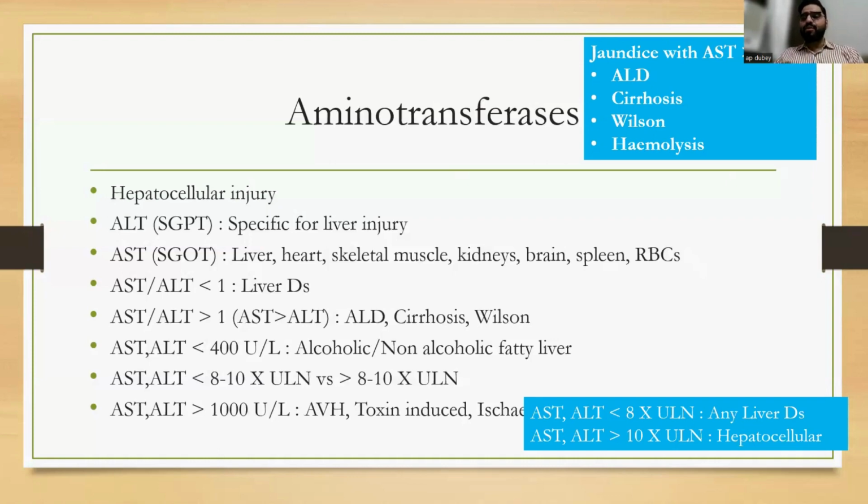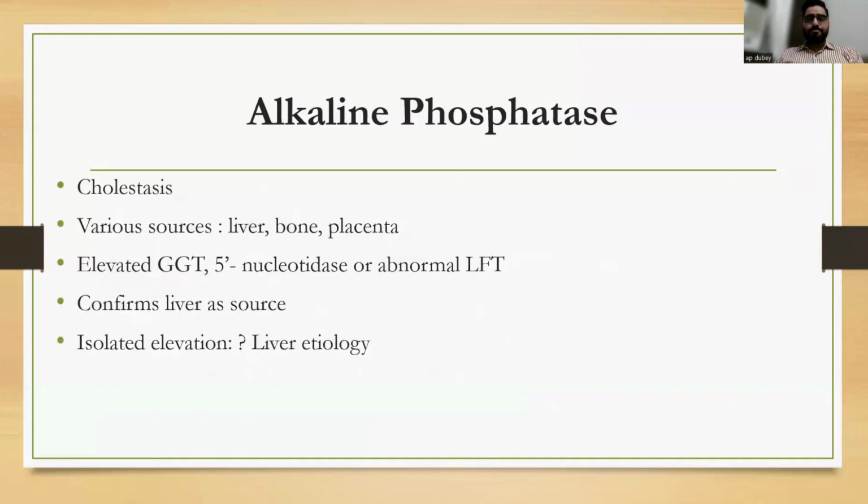So in any sort of hemolysis, AST will be higher than ALT, and thus AST by ALT ratio will be more than 1 in hemolysis also, apart from these three conditions. Also, one more message from this slide is that AST and ALT can be elevated up to 8 times the upper limit of normal in any liver disease, whether it is hepatocellular or cholestatic. But more than 8 to 10 times upper limit of normal signifies hepatocellular or hepatocyte injury.